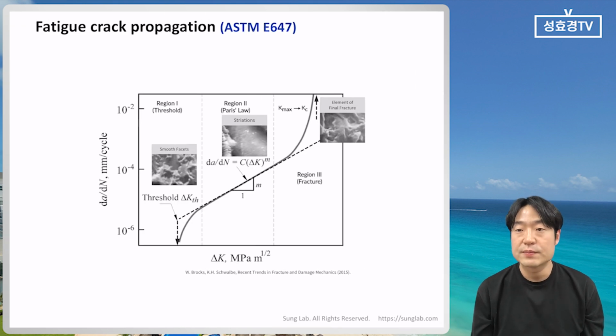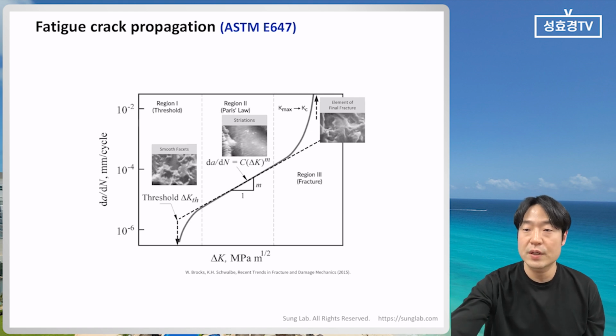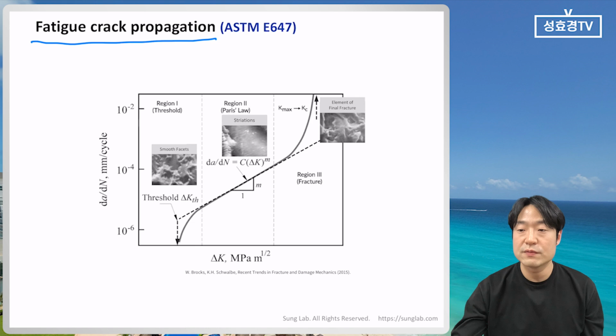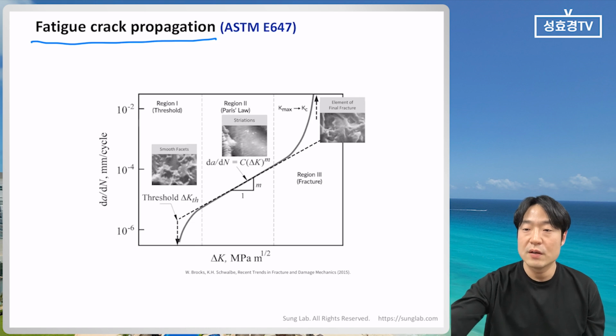We can also explain the fatigue crack propagation. In aerospace materials, not only is the SN curve important, but fatigue crack propagation is also very important, because even when a fatigue crack is initiated, it matters whether it grows fast or not.